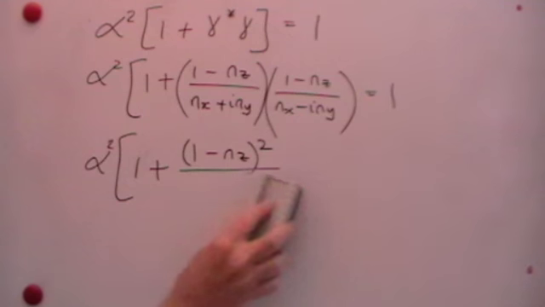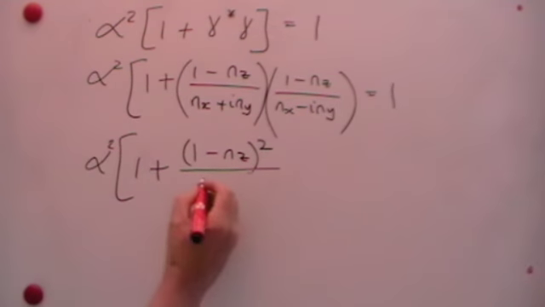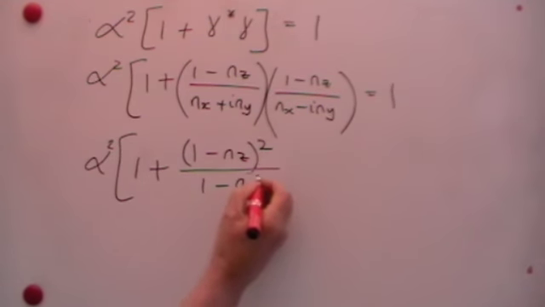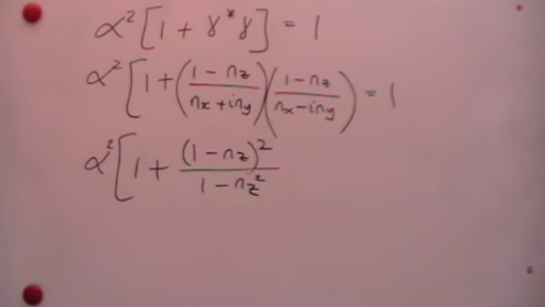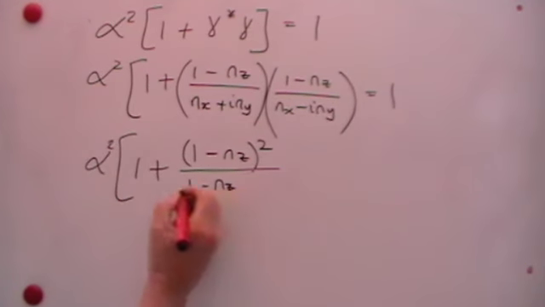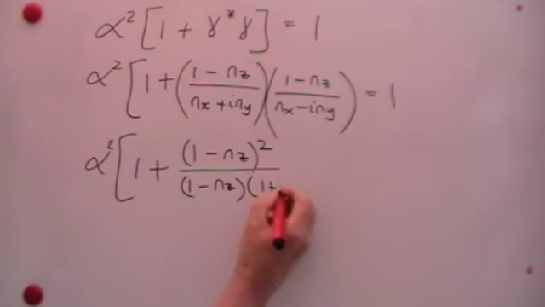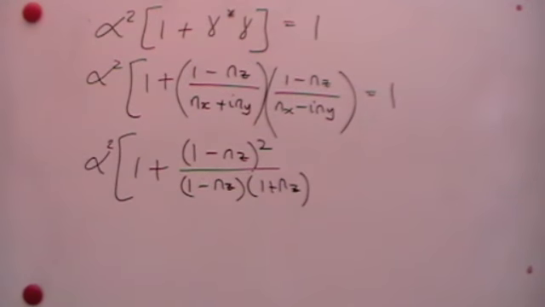So this term at the bottom simply becomes 1 minus nz squared. But I can factorise 1 minus nz squared into 1 minus nz and 1 plus nz. If you multiply it, you get 1 times 1 is 1, minus nz plus nz goes, and minus nz times nz is minus nz squared.